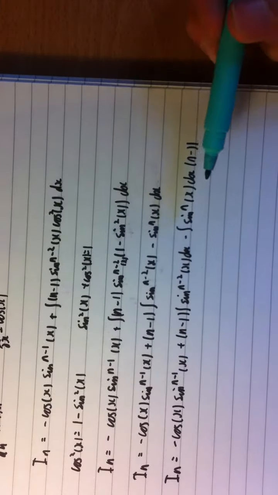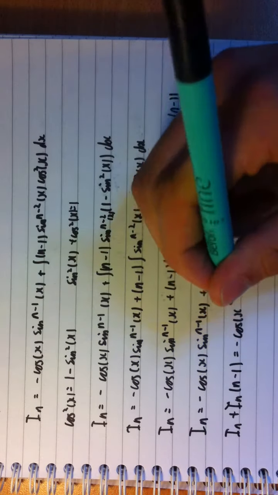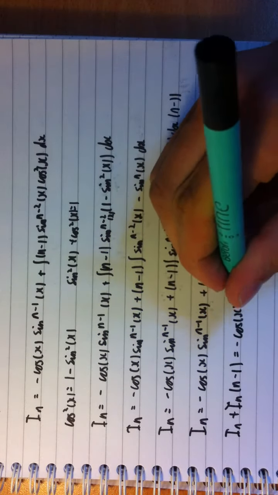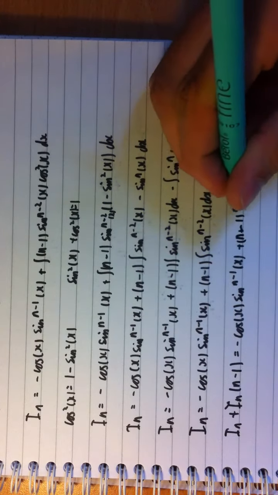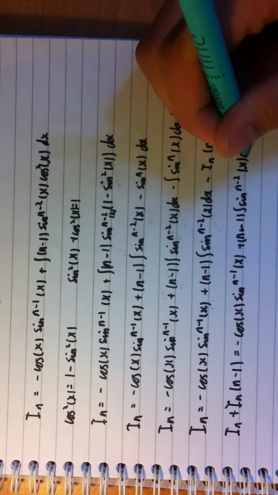If we bring (n-1) I_n to the other side, then I rewrite it as I_n plus (n-1) I_n equals minus cos x sin^(n-1) x plus (n-1) the integral of sin^(n-2) x dx.